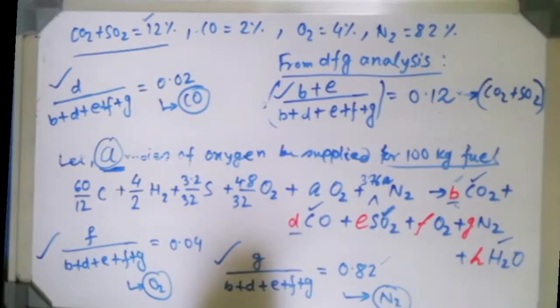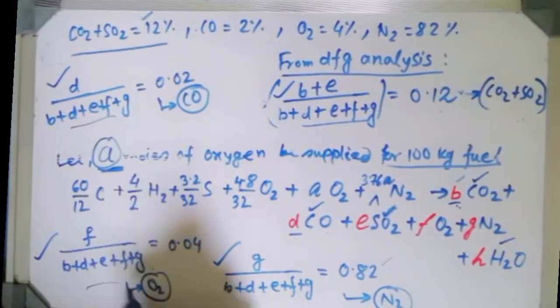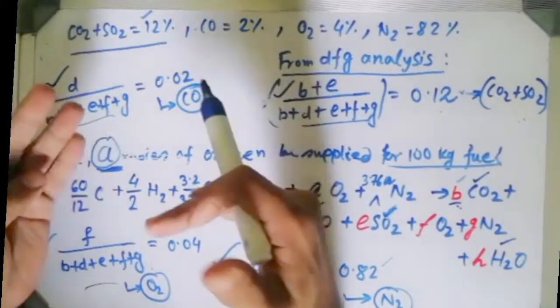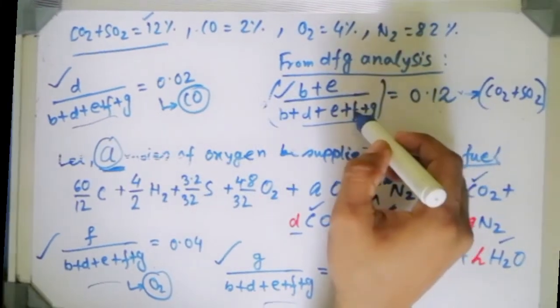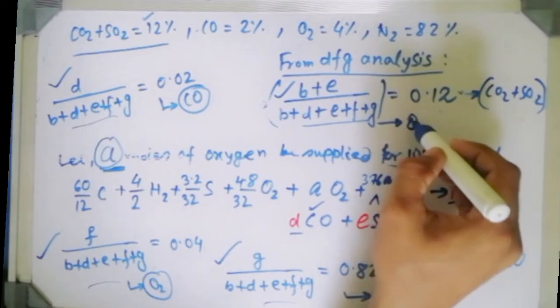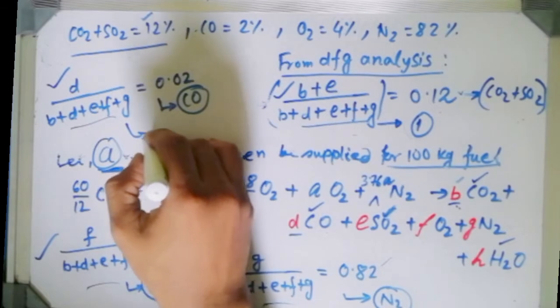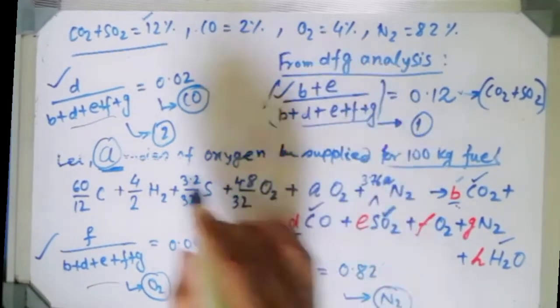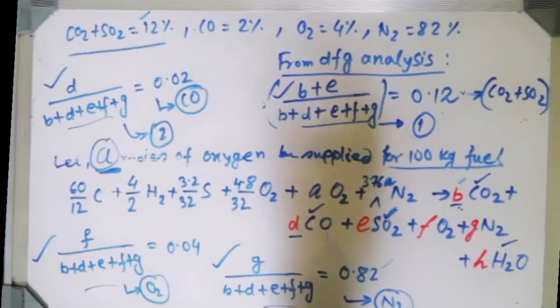Suppose I am considering this as equation 1, and that is equation number 2. If you just divide equation 1 by equation 2, the denominator part will be cancelled, and you get a value, that is B plus E by D equals something. Similarly, if we divide equation 1 by equation 3, then again you get some value.